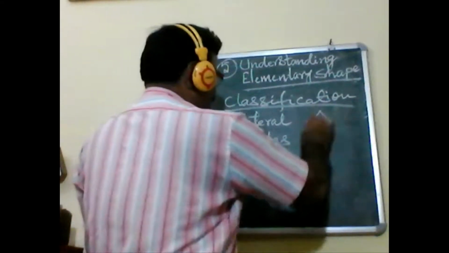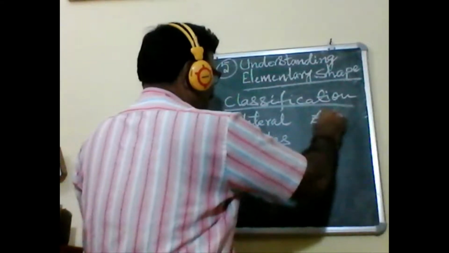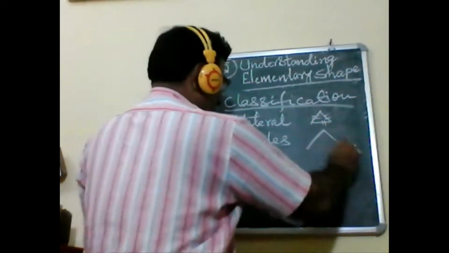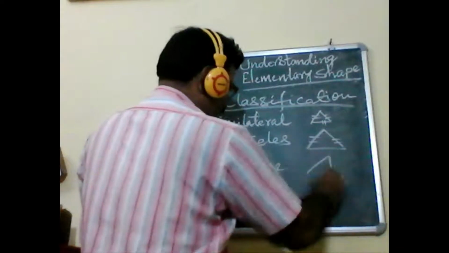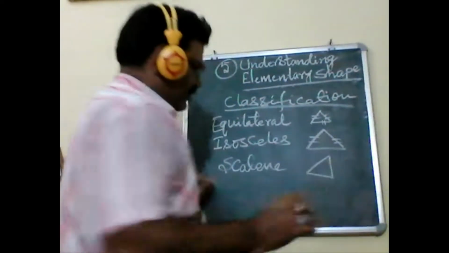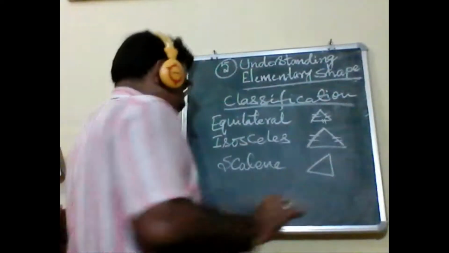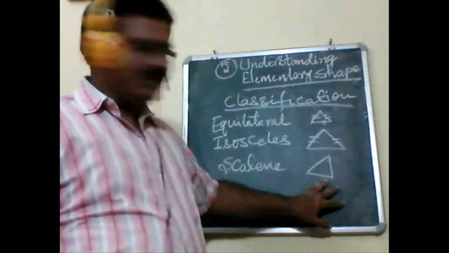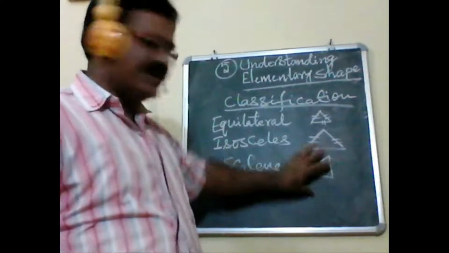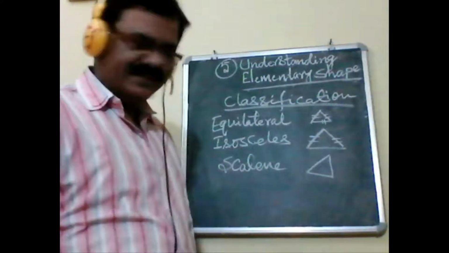That means in equilateral all sides are equal, in isosceles 2 sides are equal while the third is not, and in scalene no sides are equal, that is, all 3 sides have different lengths.